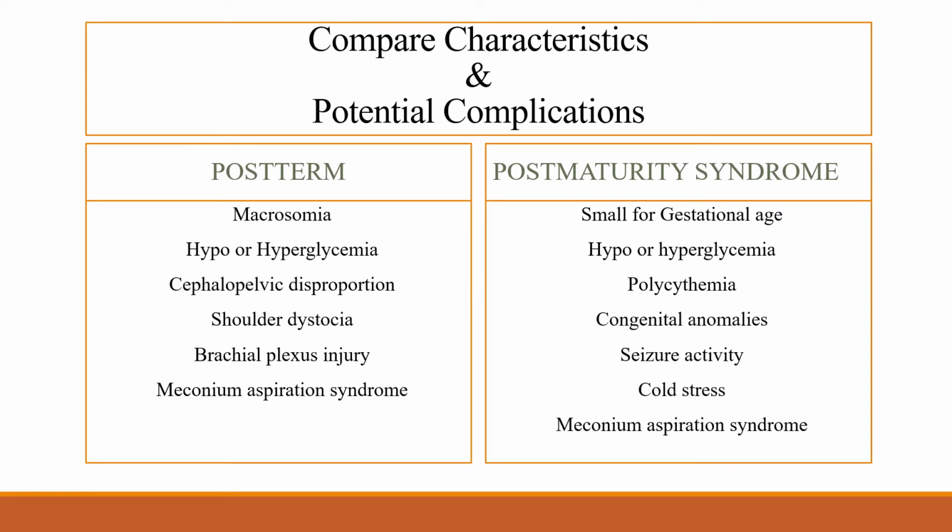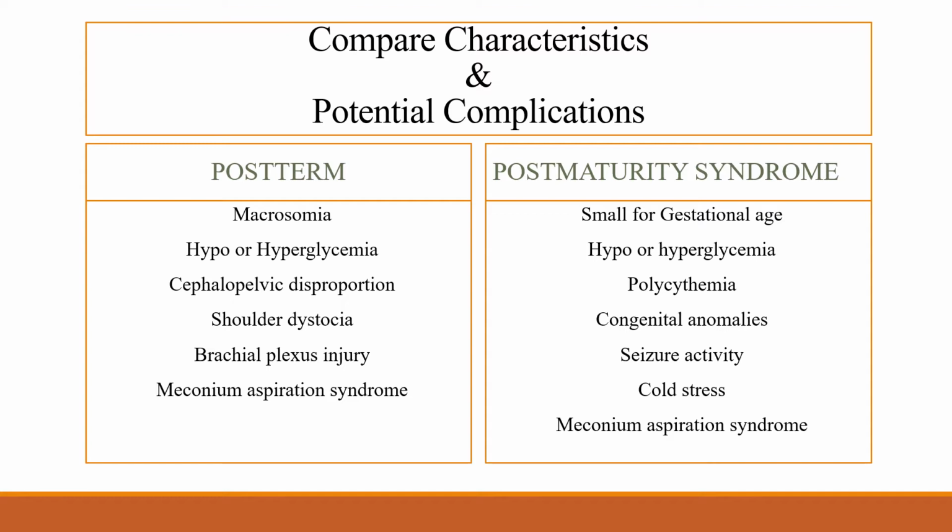So, comparing some characteristics and potential complications, the post-term newborn may be macrosomic. Macrosomic is a large baby. They may experience hypoglycemia or hyperglycemia. They are subject to cephalopelvic disproportion. That means that the head circumference is larger than the maternal pelvis.